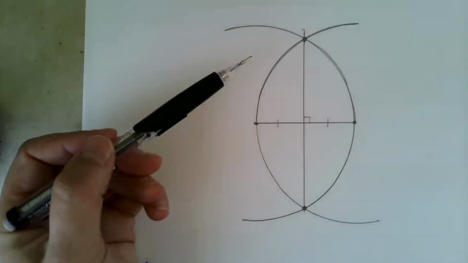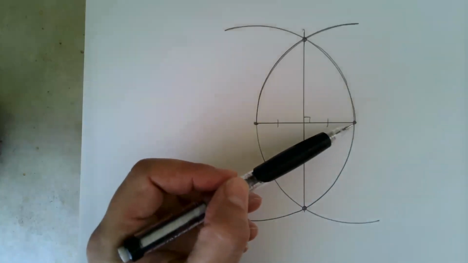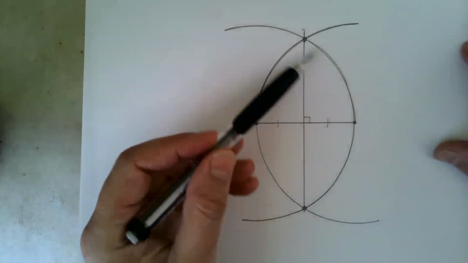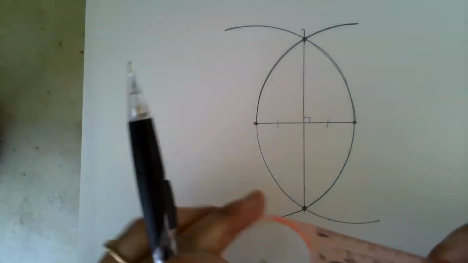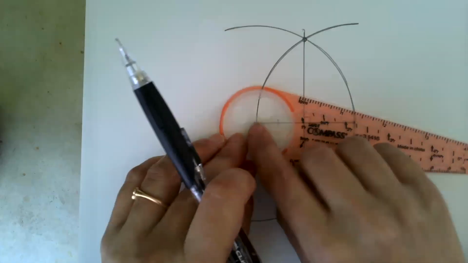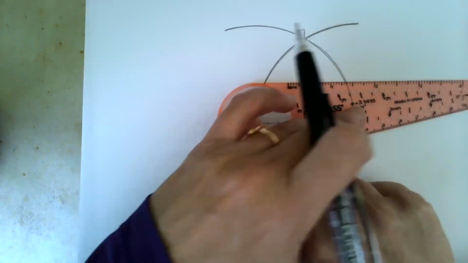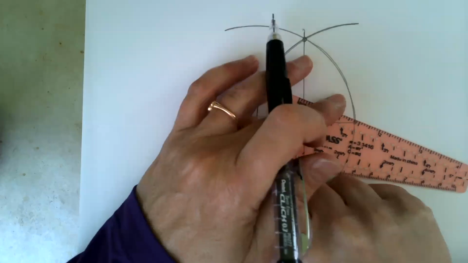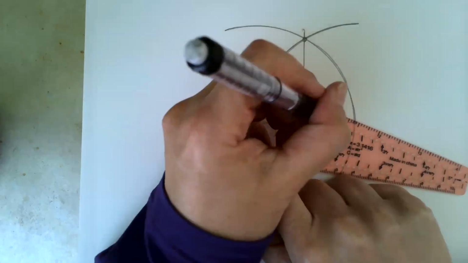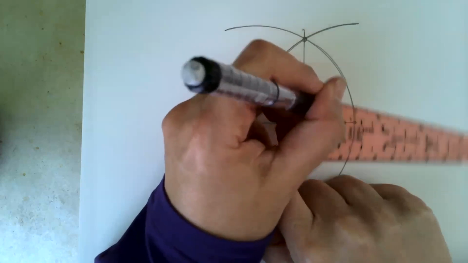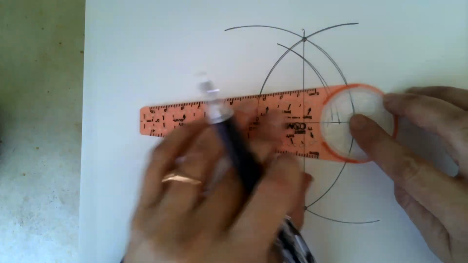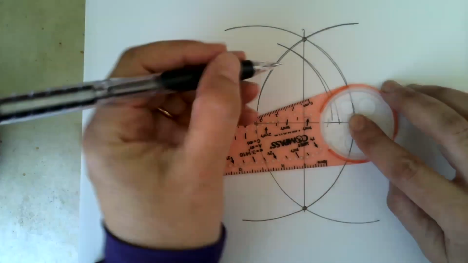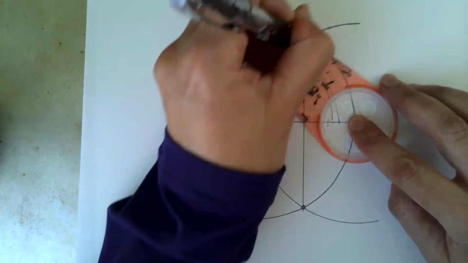Now, I chose to do it by grabbing this endpoint and finding 2 points by doing the one above and the one below. But if you wanted, you could actually do this twice and do the one above, as we just did, and then go and grab a different point on that same segment. It doesn't have to be the end point, and create that arc, and then create the same one from the other side.